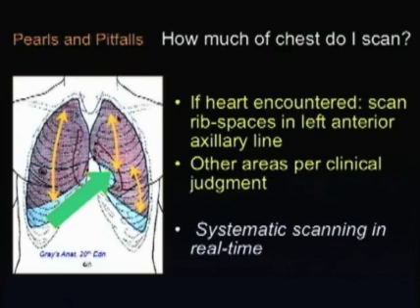On the left, if we're using the midclavicular line, which is the appropriate line in a supine patient to use, we sometimes encounter the heart at a certain point, in which case the probe is brought out to the anterior axillary line and continues all the way down until once again the diaphragm is encountered. You can certainly scan rib spaces in other areas of the chest if you're concerned about loculated pneumothorax, or have some other reason to believe that the pneumothorax might not have been adequately imaged or identified in these particular planes.